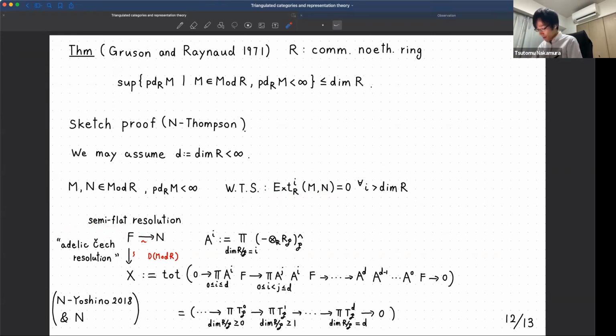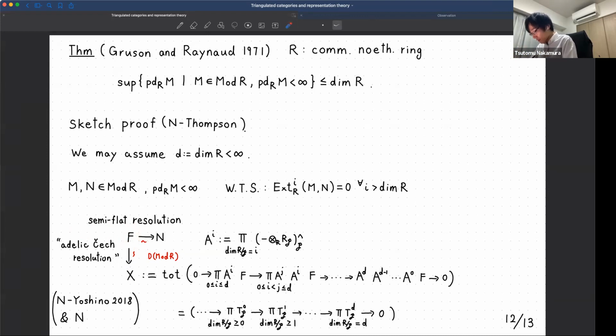Of course this is an isomorphism in the derived category, and the existence of a replacement of F by a semi-flat cotorsion complex is already proved by Gillespie essentially. But here I'd like to explain there is a canonical way to replace F by a semi-flat cotorsion complex.